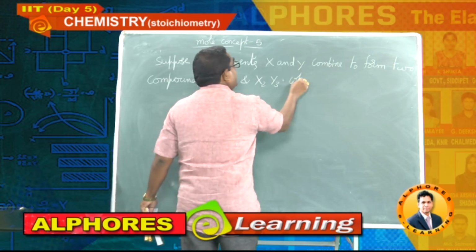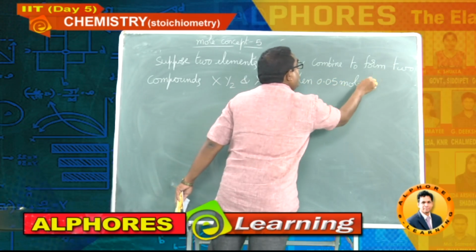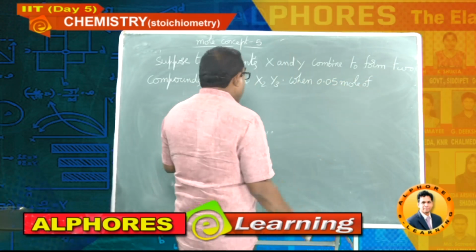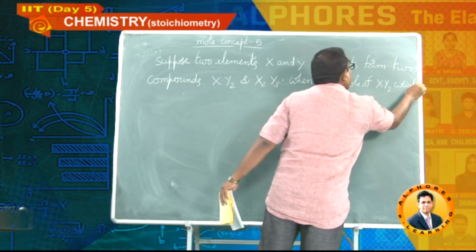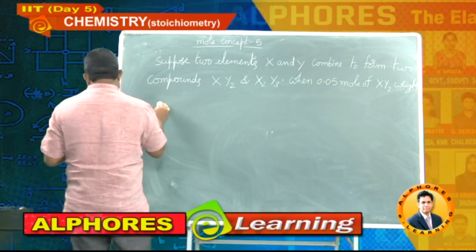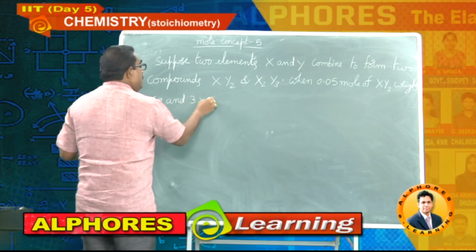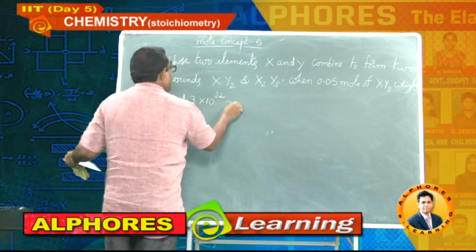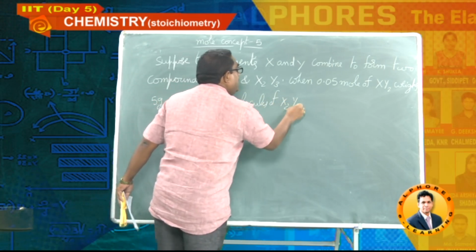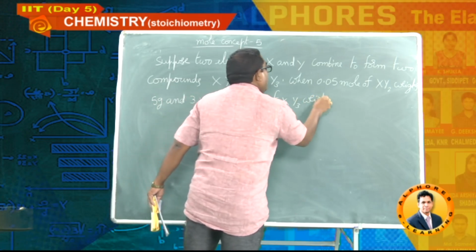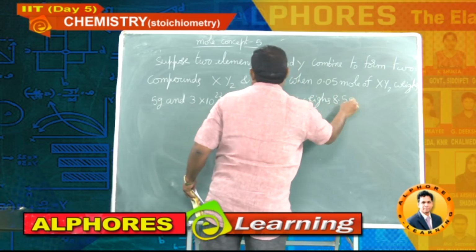Write down the data students first. When 0.05 mole of XY2 weighs 5 grams and 3 into 10 power 22 molecules of X2Y3 weighs 8.5 grams.